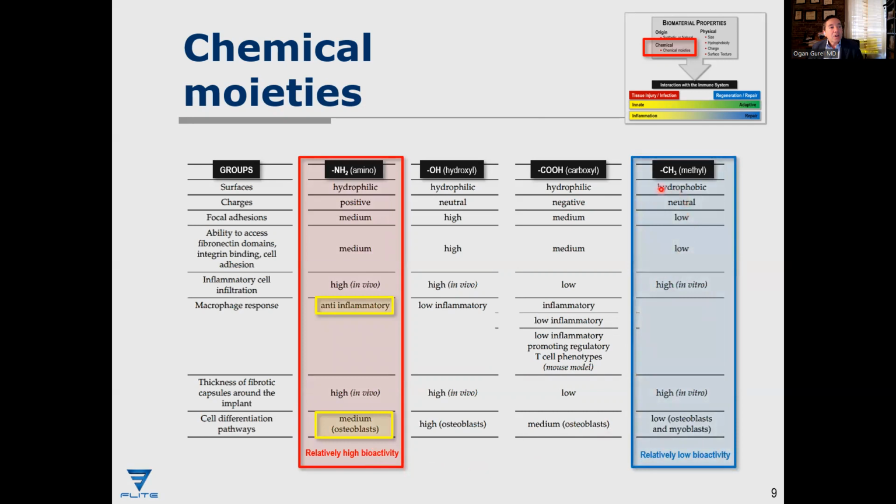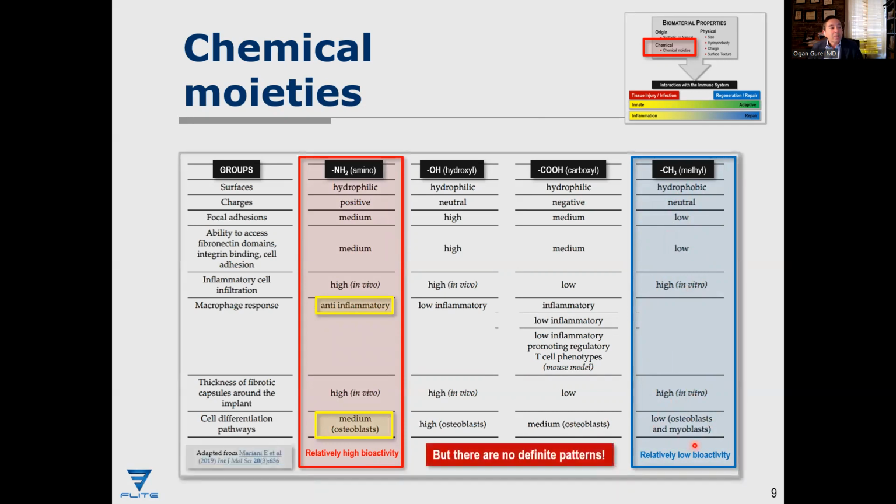In contrast are the hydrophobic methyl groups, or groups like methyl groups, which have a neutral charge, of course, and have relatively high inflammatory cell infiltration, but low ability to influence cell differentiation, as in osteoblasts and osseointegration.